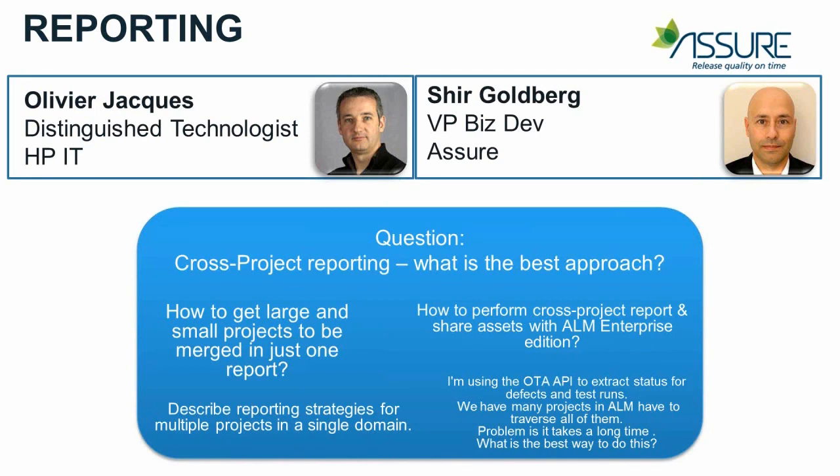And also, last but not least, reporting is not about ALM only. So you need to have composite reporting. You need to be able to put in perspective the applications and the projects, which may be stored in, for us it's PPM and CMDB, but for you it may be something else, Microsoft Project or something else, and put that in perspective with the rest of the data, with ALM, but not only ALM data.